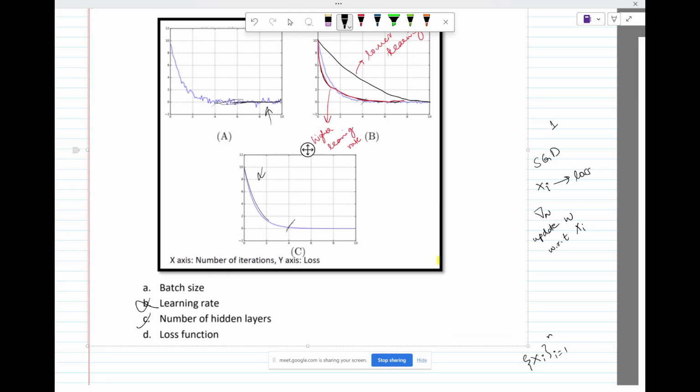So this also we can discard. So if I increase layers, increase parameters, that means more time to converge.